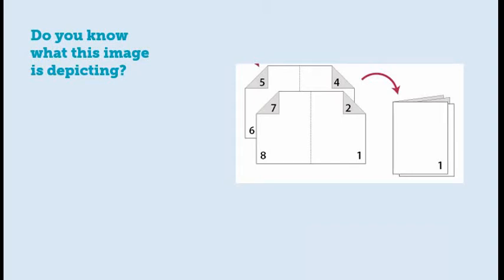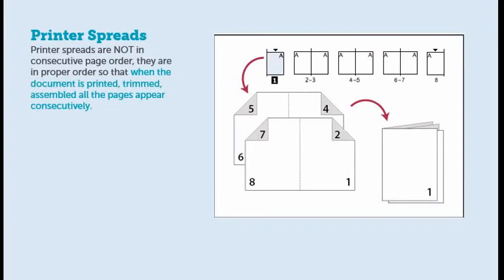This is depicting printer spreads. So printer spreads are not consecutive in order. They are in an order so that when the document is printed and trimmed and assembled, the pages do appear consecutively in reader spreads. So you can see in this visual, this is an 8-page document.